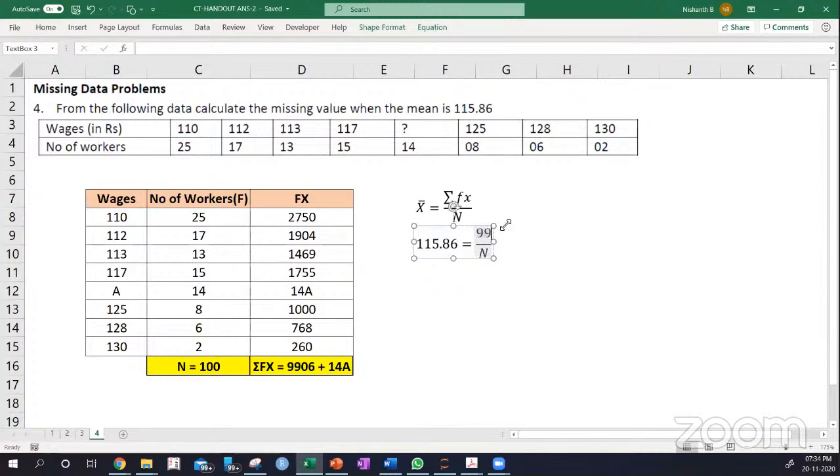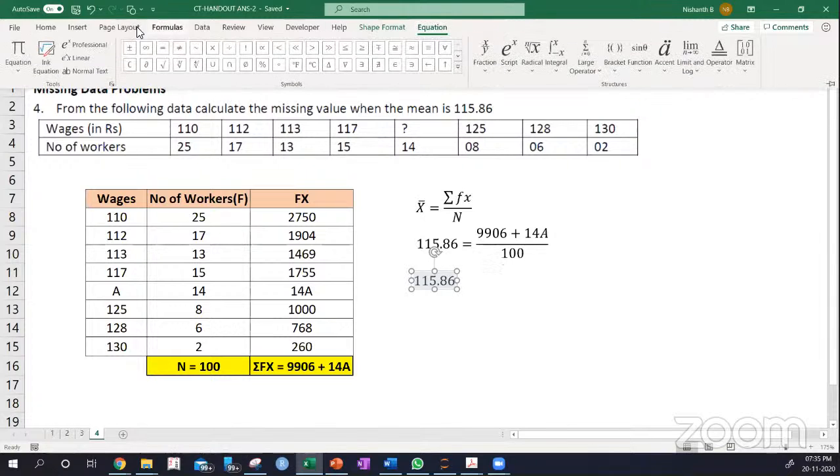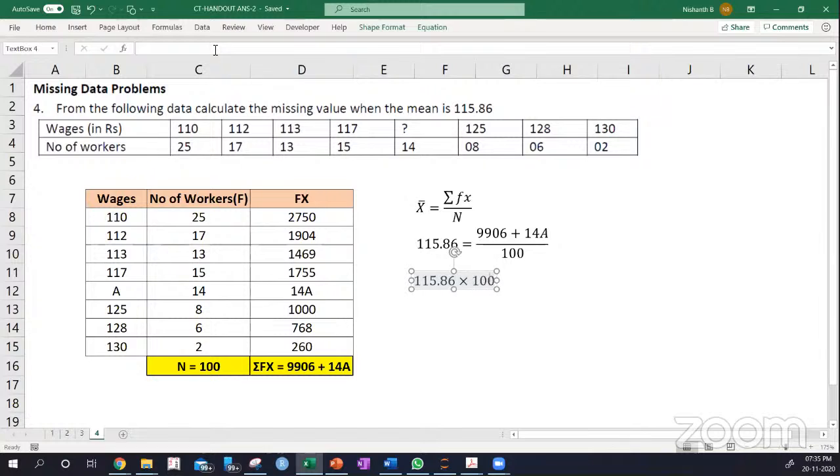Summation of fx is 9906 plus 14a, and n is 100. So 115.86 into 100. So I'm solving all the steps here. Equal to 9906 plus 14a.